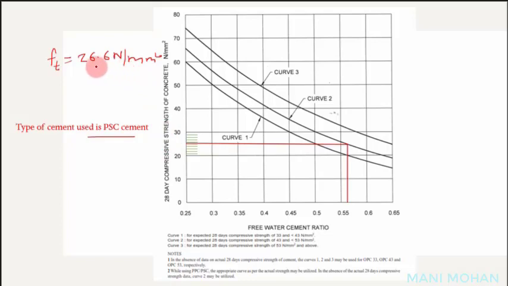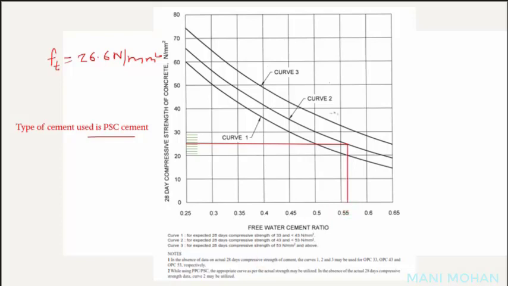So here you see 26.6, so roughly 26.6 is located here. I am going to draw a straight line. Now this straight line intersects curve 2 at this particular location. Now drop a vertical. Now when I drop a vertical, here you can see approximately the water cement ratio requirement will be 0.56.